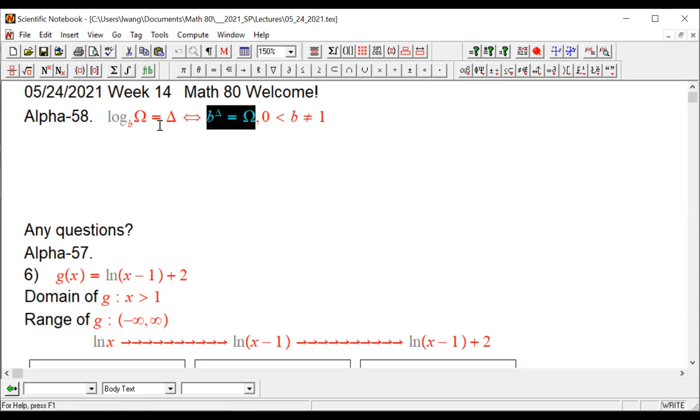So if we take this side out, we're going to replace the triangle by its equal. Triangle is the same as log base b of omega. So if we replace this triangle by its equal, boom, that's what we get. Isn't that interesting?